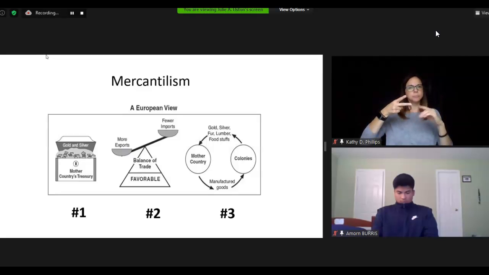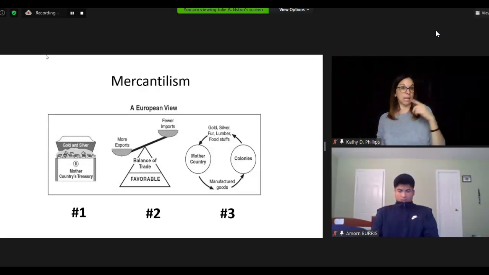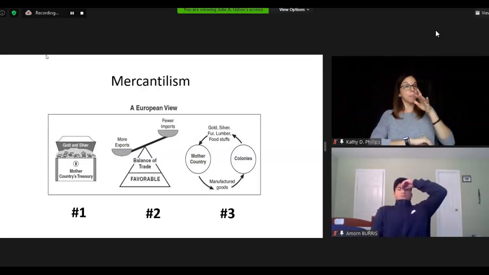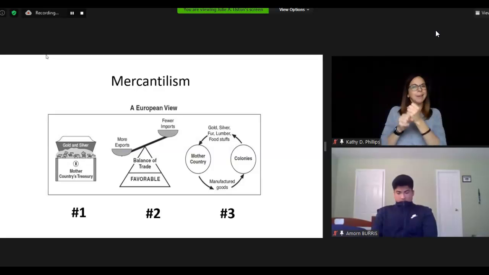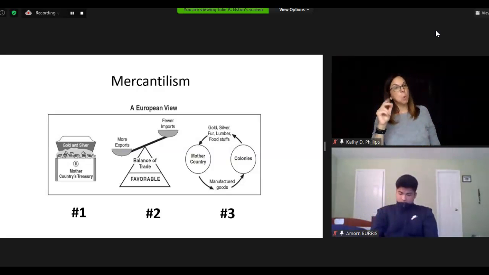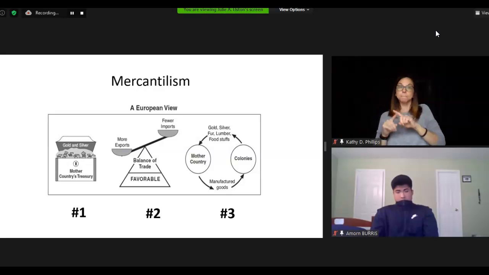What about the second image? What is that showing? I had said that the second one was saying that the mother country used the colonies to gain important resources, and that's why it's like more exports from the colonies. Okay. I agree with you, Thomas, but I think you've got it actually reversed.